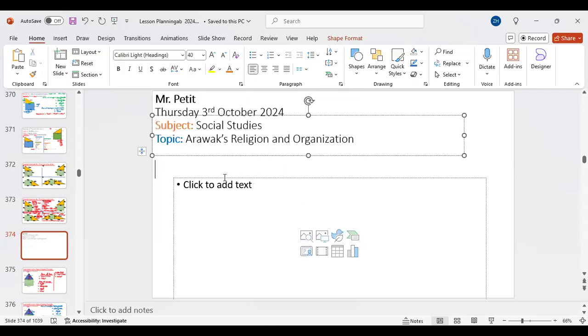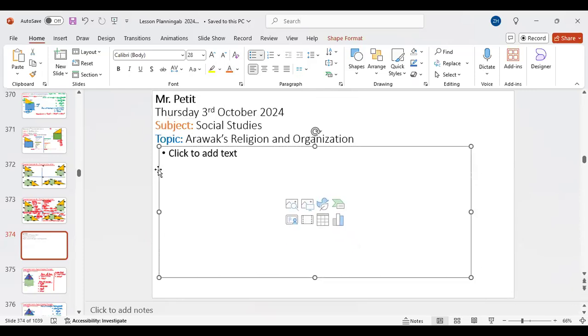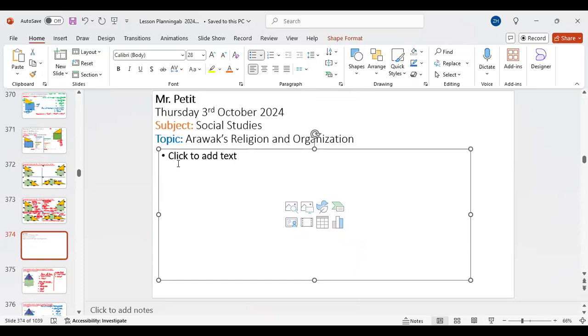Now religion was a very central part of the Lucayan way of life. I use Arawak and Lucayan interchangeably.